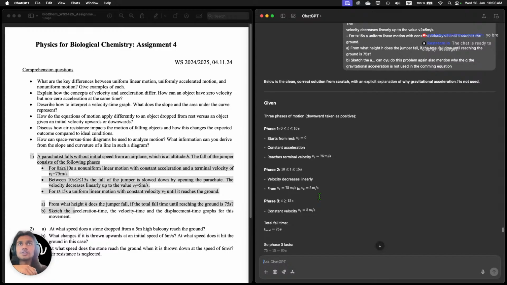Phase two, 10 to 15 seconds: velocity decreases linearly from v1 equals 75 to v2 equals 5 meters per second. Wait, so in 10 seconds the jumper has a velocity of 75 meters per second. How did he get that though? Gravity.